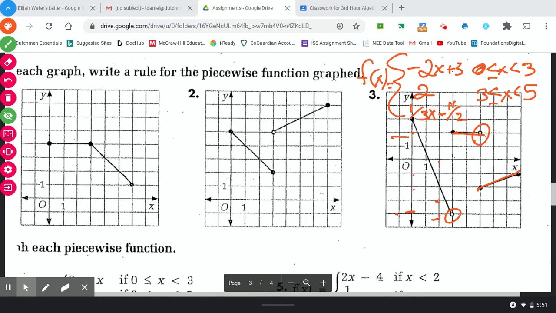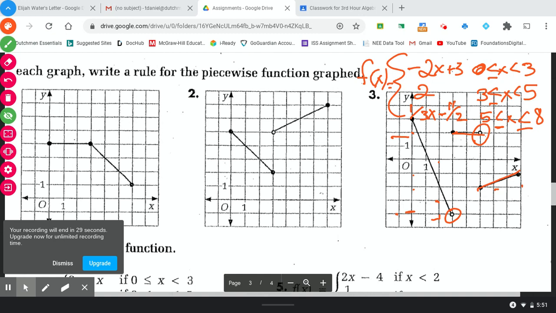And that occurs when x is greater than or equal to 5, but less than or equal to 6, 7, 8. Okay? So 1/3 x minus 11/2 when x is between 5 and 8. All right. Okay, that takes care of those piecewise rules.